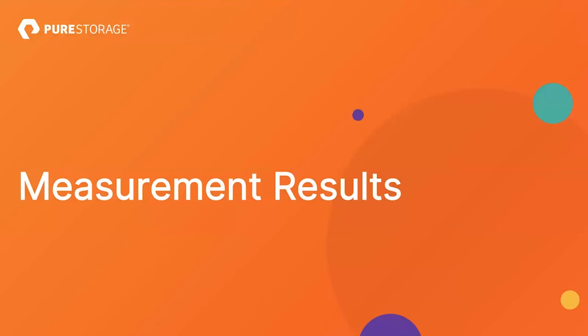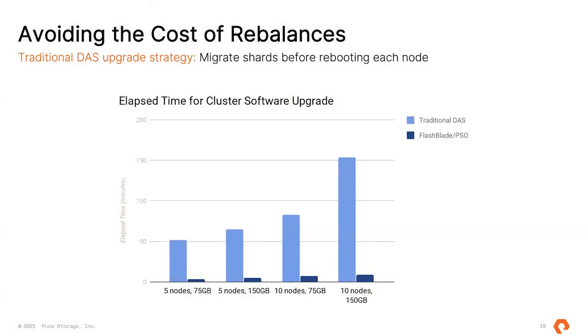So finally, I want to quickly present some measurement results just to illustrate the extent of operational benefits you get from using these automation and disaggregated features. First, by disaggregation, you no longer need to do as many rebalances on your nodes. This has some pretty big impacts on things like software upgrade times.